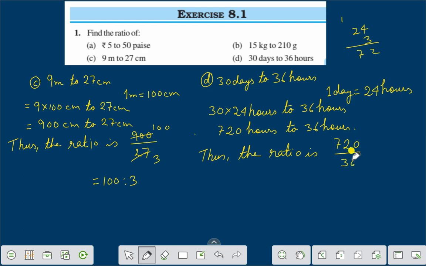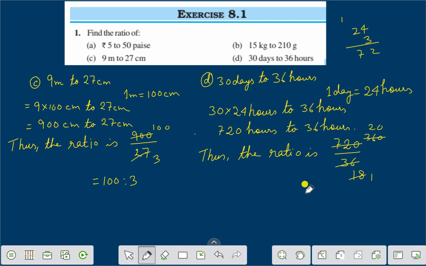If we change into lowest term, dividing by 2 and so on, that is 20 is to 1.